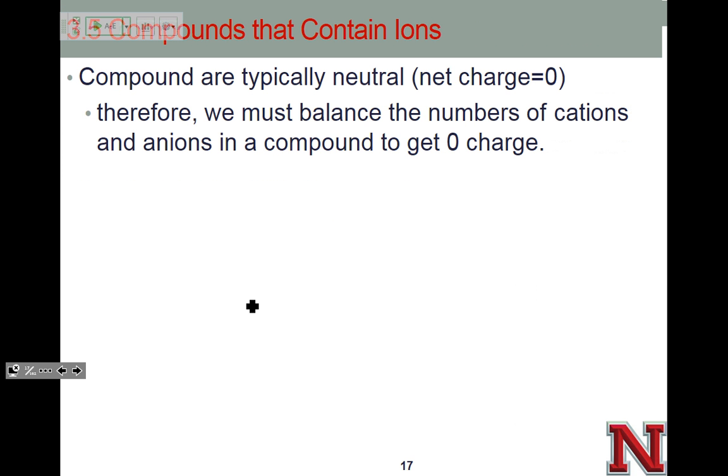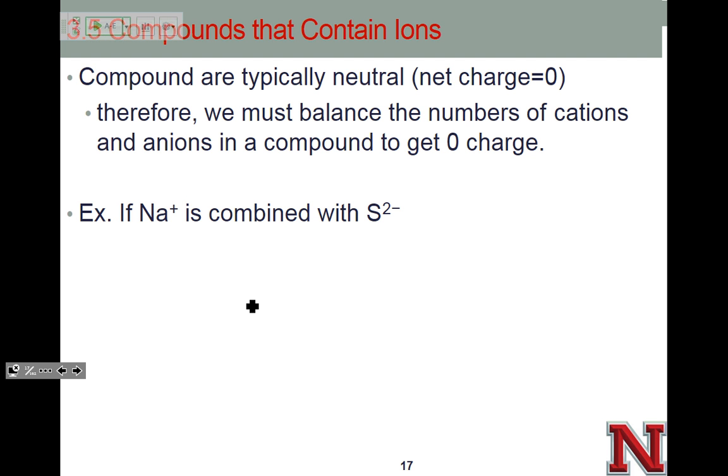Now, our compounds typically are neutral. They have no charge. So to determine our ratio of how many metals are going to interact with the amount of nonmetals, we just have to balance our charges to get a net charge of 0. So for example, if sodium plus combines with sulfur 2 minus, and remember, I could figure out what those charges are based on the periodic table, because our sodium forms a +1 cation, and our sulfur forms a 2 minus anion.